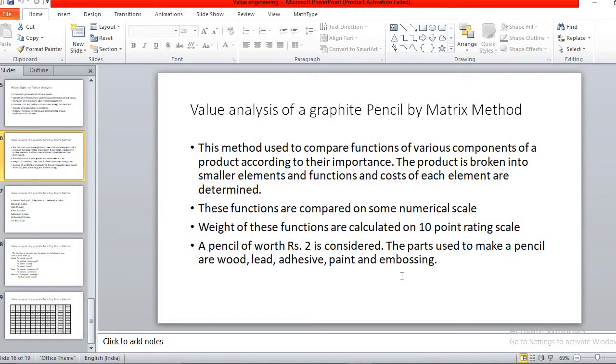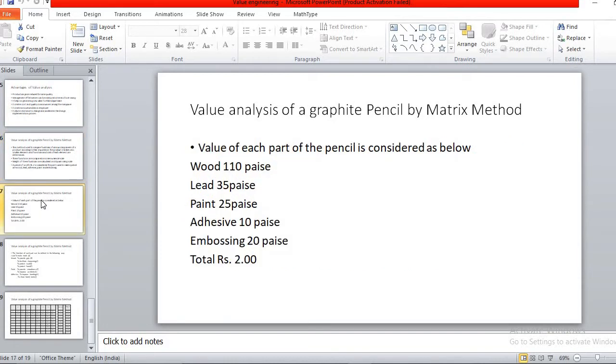So we observe four major elements here. For each element, the cost is considered: for wood 110 paisa, for lead 35 paise, paint 25 paise, adhesive 10 paise, like that, and the total is rupees 2.